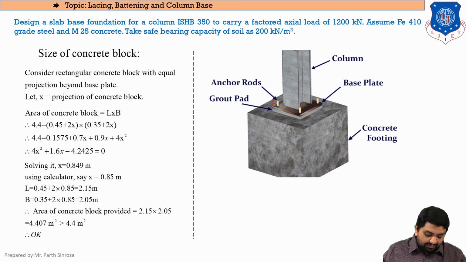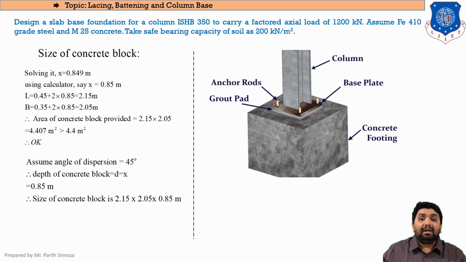And now we'll be dealing with our final portion, that is the depth of foundation, and for that we'll be assuming an angle of dispersion, because we are dealing with soil. So there will be a pressure bulb generated, and we are assuming the angle of the pressure bulb to be 45 degrees. So the depth of the block will always be considered as d equal to x. That means whatever projection we are getting, that will be assumed as the depth of our slab, that concrete portion.